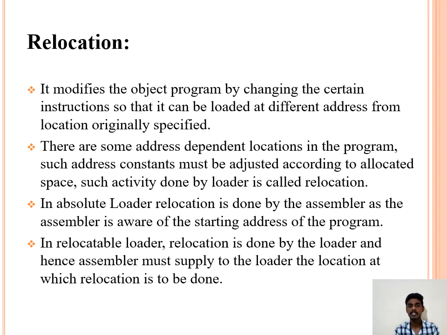This activity is done by the loader, and it is called relocation. In an absolute loader, relocation is done by the assembler, as the assembler is aware of the starting address of a program. Whereas in a relocatable loader, relocation is done by the loader, and hence the assembler must supply the loader the locations where relocation is to be done.